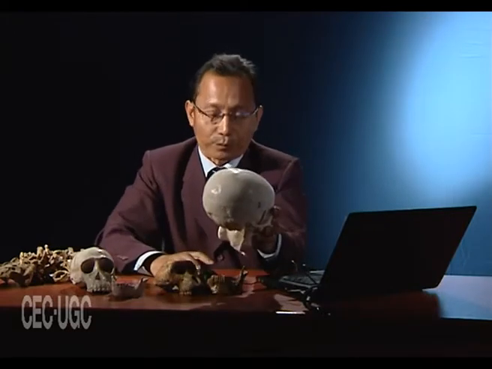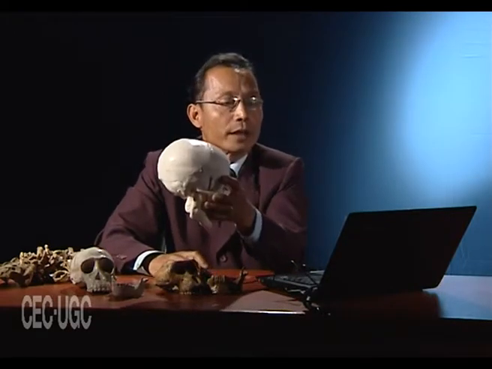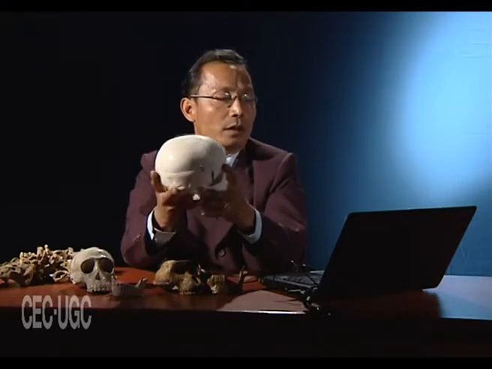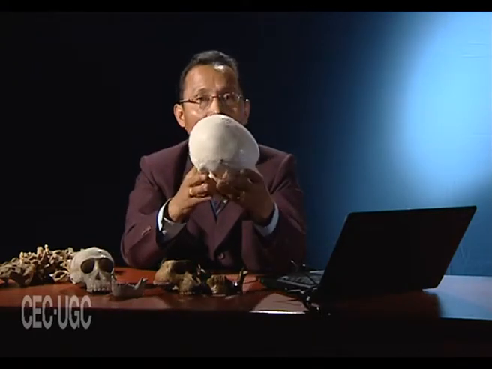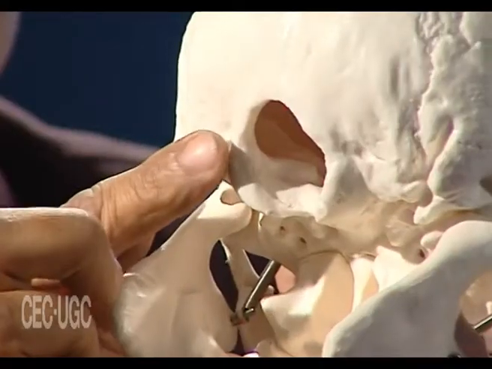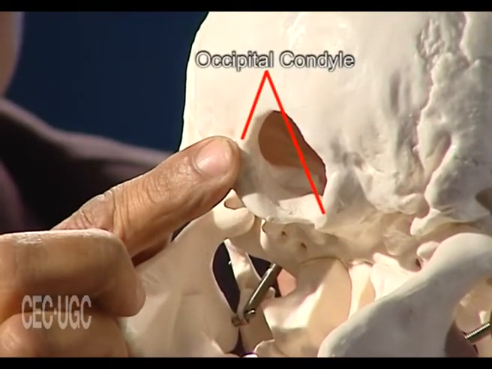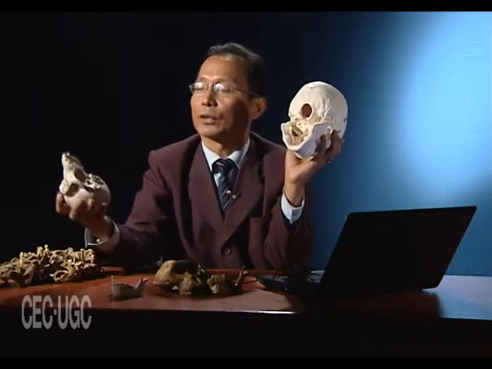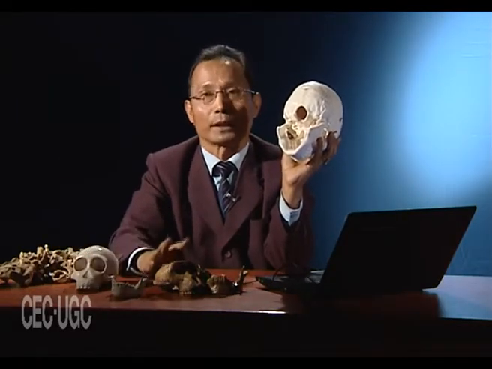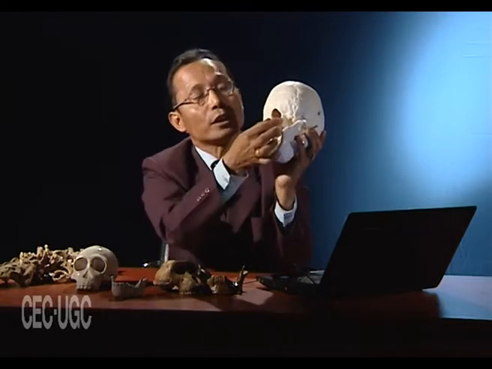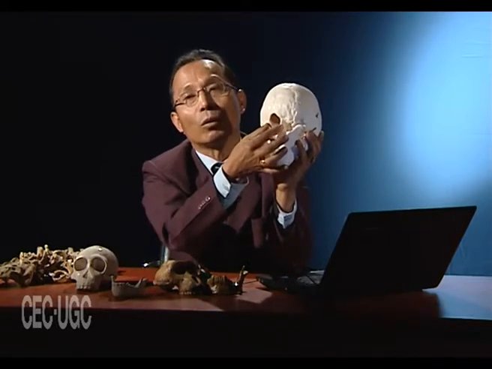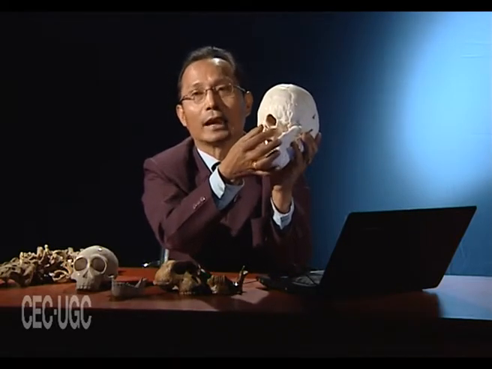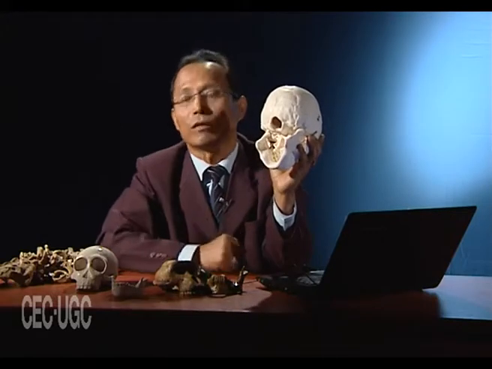Well, then at the same time, with the assumption of erect posture, the position of this occipital condyle, this is what we call the occipital condyle. Similarly, it has an occipital condyle. This has also an occipital condyle. So the position of the occipital condyle also shifted along with the shifting of the position of the foramen magnum.